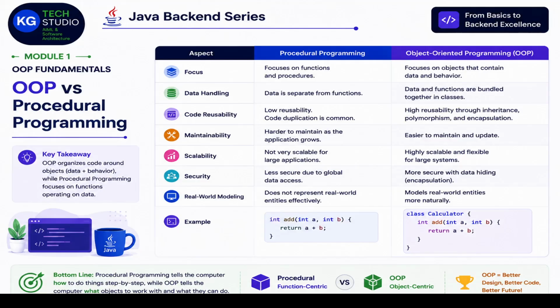Data is, for example, the name of the customer, the address, the salary, the income range of that customer. And functions are like: the customer can deposit money, log in to the banking application, and withdraw an amount from the banking application, right?